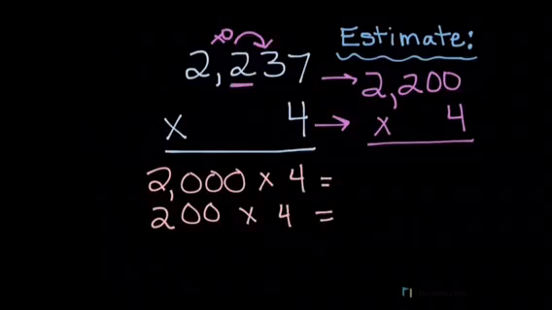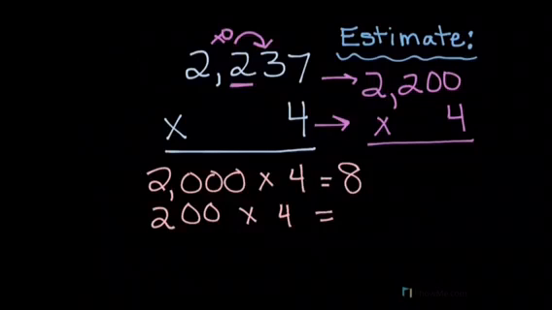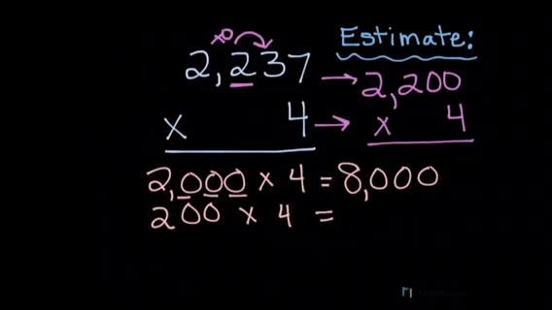2,000 times 4, so I could do 2 times 4, which gives me 8, and then I have 3 zeros. 2,000 times 4 is 8,000.